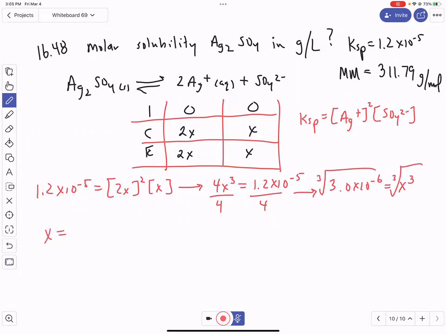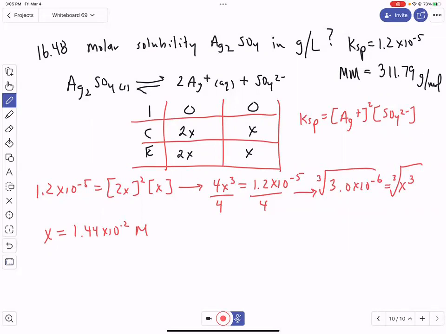Take the cube root of both sides, x equals 1.44 times 10 to the minus 2 molar. So we found x.